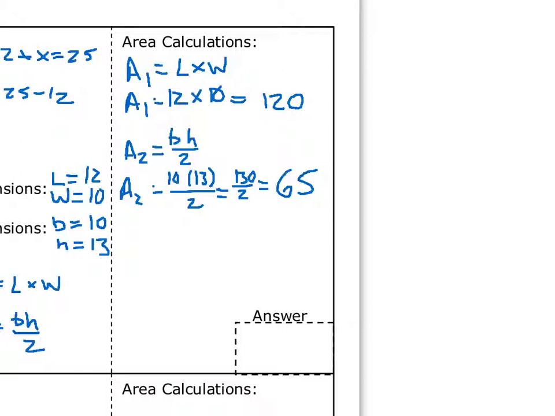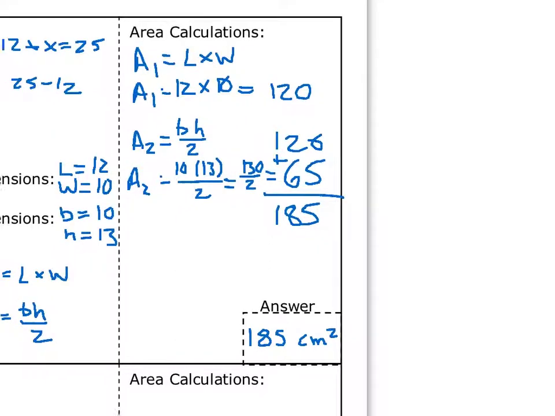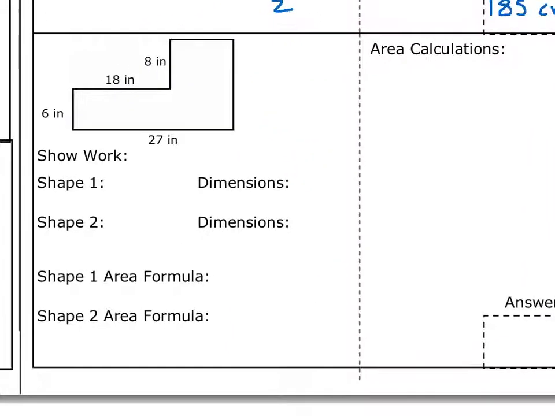So 120 plus 65 gives me 185 units. Nicole? Square centimeters or centimeters squared. Okay. Next one.